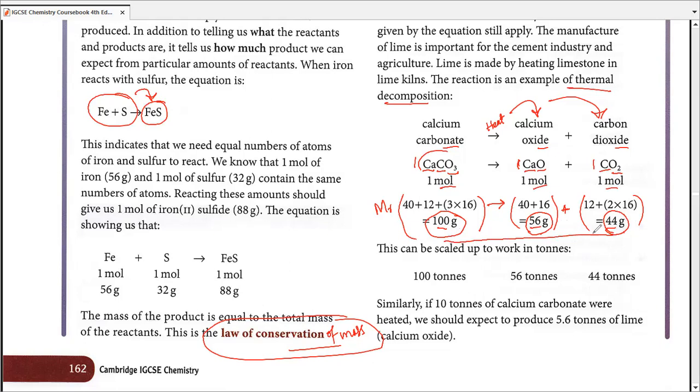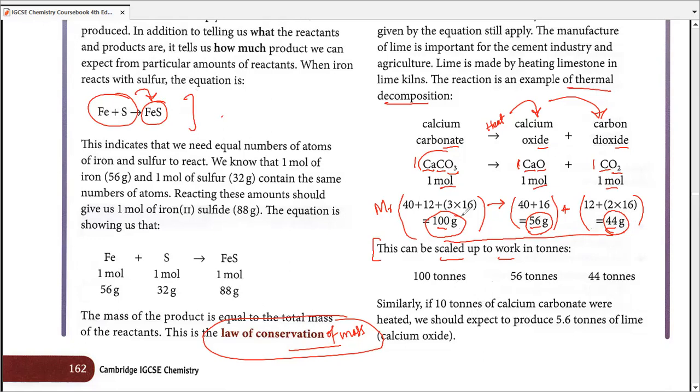And we actually don't just go with this piece of information. What we are about to do is going to answer the question you were just asking. We can always work this out by scaling it up to bigger values, or maybe scaling it down to smaller values, which we have done before with the example of iron sulfide. So let's scale it up.